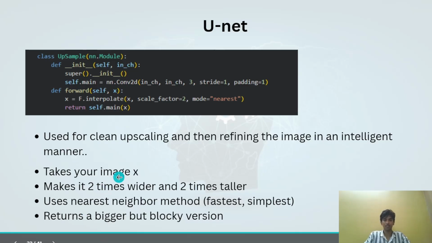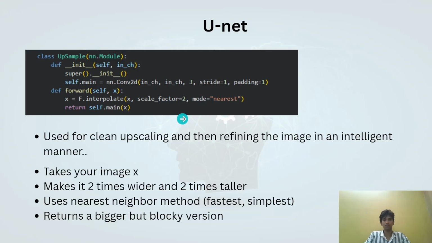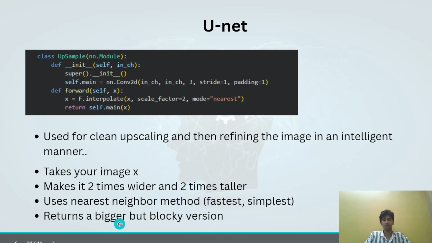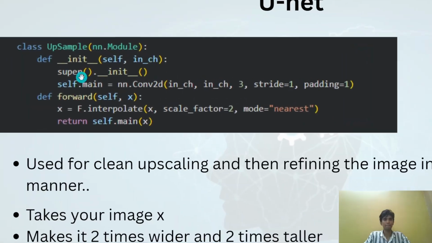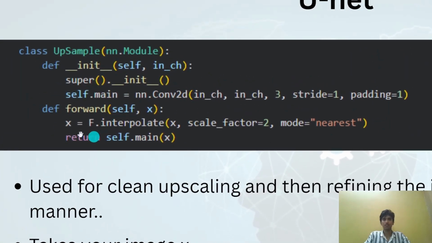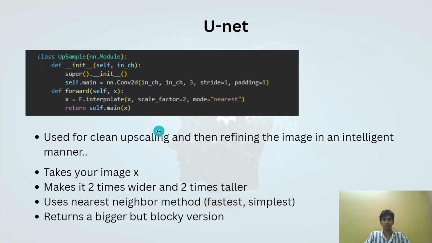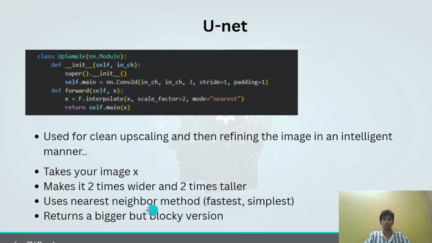It takes our image and makes it 2 times wider and 2 times taller, and it uses the nearest neighbor method for this, and then it returns a bigger but blocky version, in the sense that it will not be very clear, because we are reconstructing the pixels from the features. That's what this interpolate function does. It returns a bigger version of the image.